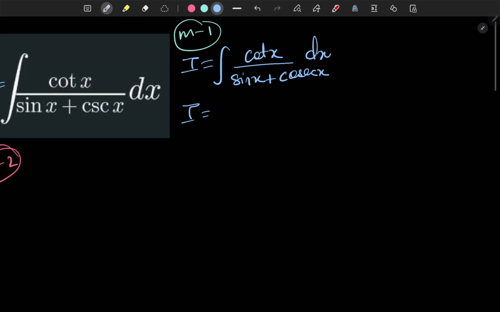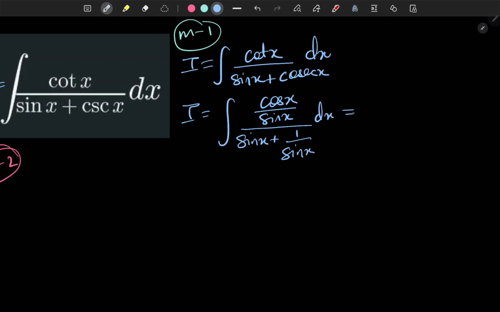My first method is like this. Cotangent of x is cosine of x over sine of x, and we have sine of x in the denominator, and cosecant of x is the reciprocal of sine of x.